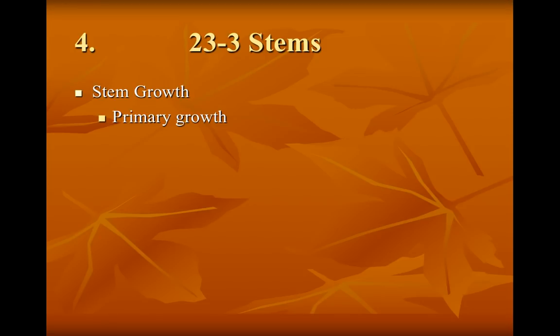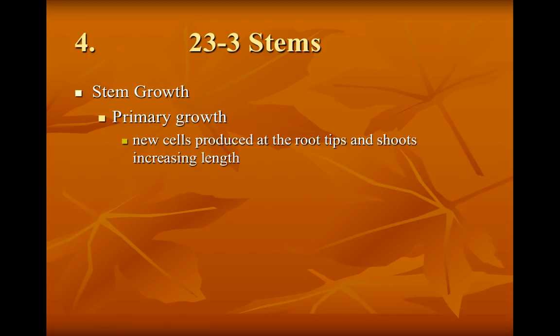Think of the apical meristems, the meristems at the tips of roots and stems. Primary growth is where new cells are being produced by mitosis at these places, making the stem longer and longer. The apical meristem is responsible for that. So all plants use this primary growth.